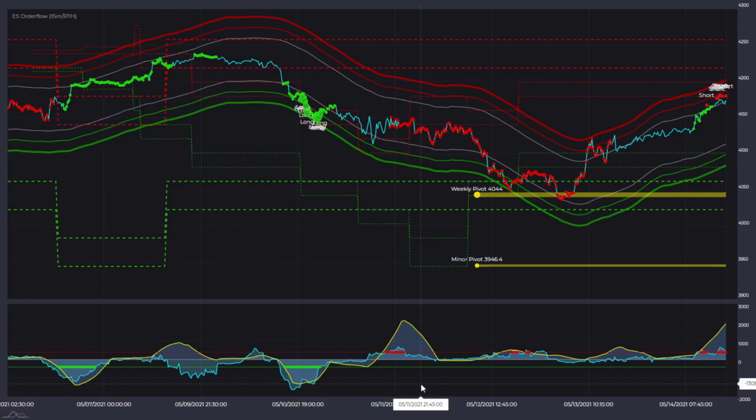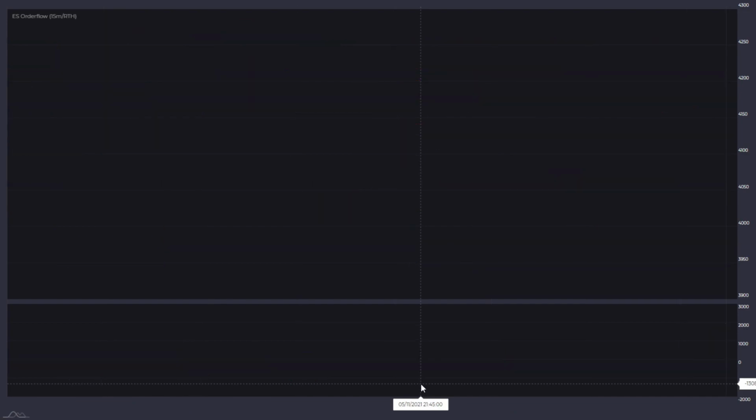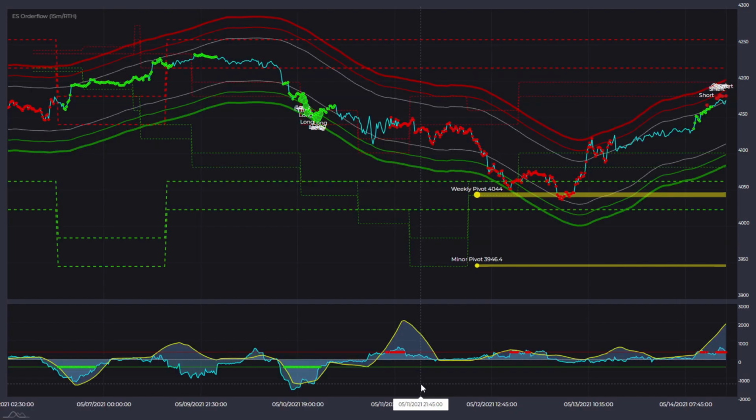These are the cumulative, compounded behavior of time and sales, and also the order book, but from a wider perspective, from a wider time frame. And basically what you are seeing here is a lot of different price levels, these bands, these volatility bands, which are based on expected volatility.